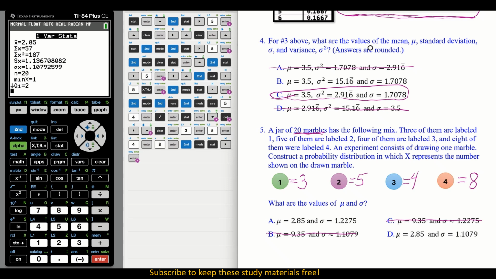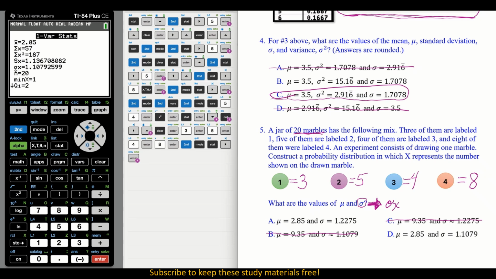Now we're just looking for sigma on its own. Remember, on our TI-84, that will be sigma X, okay?